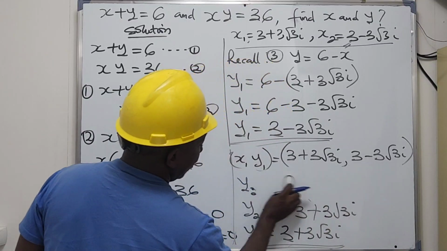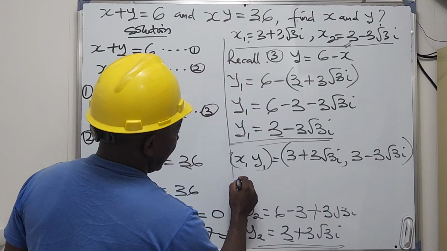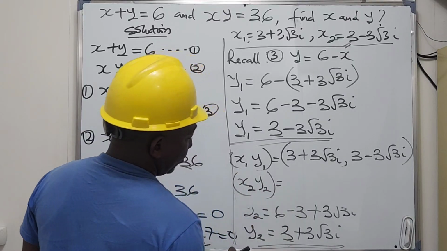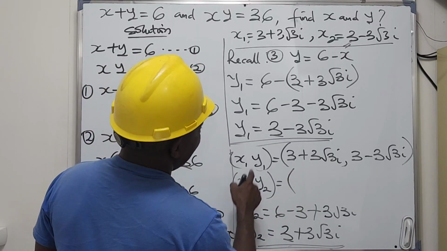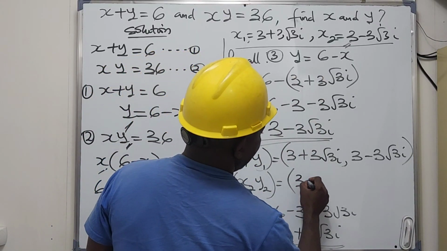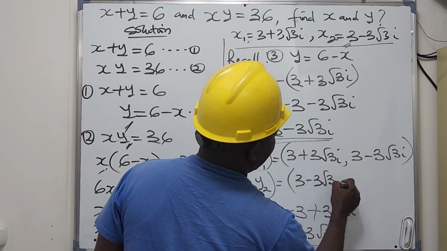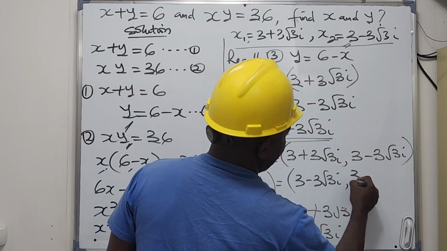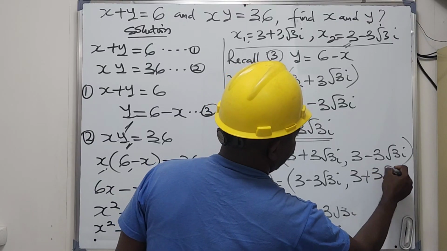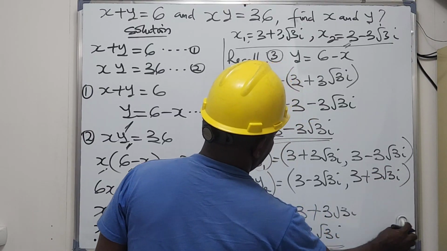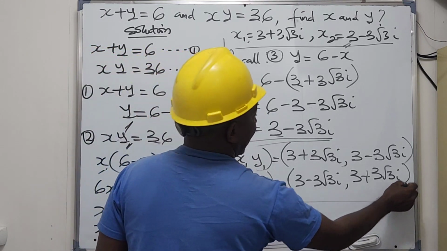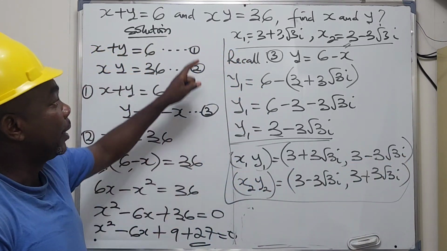So for the solution x2, y2, our x2 will become 3 minus 3 root 3i. Then for the value of y2, we have 3 plus 3 root 3i. So that is what we have for the solution of x and y, and it satisfies this expression.